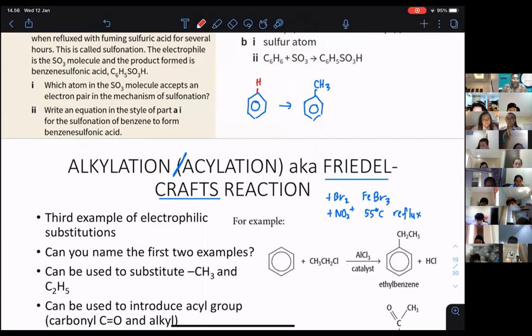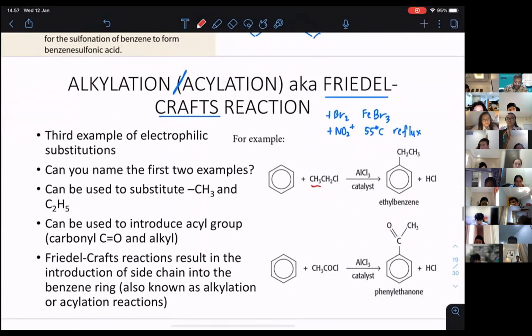You need to have whatever alkyl group you want, with the halogen, so it means the haloalkane.